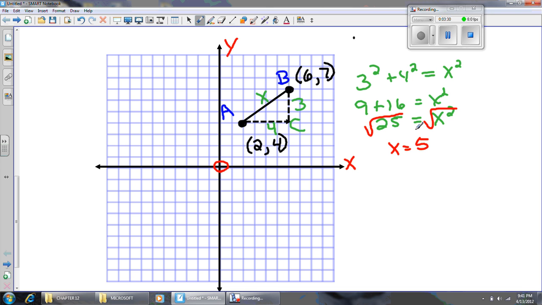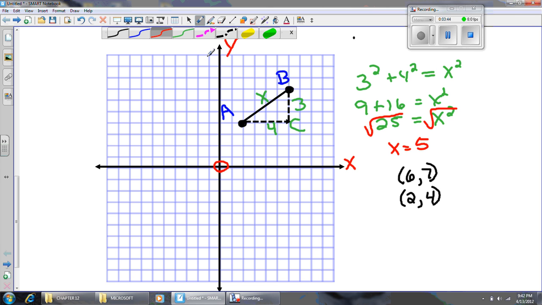But I want to point something out to you. Take a look at the coordinates of point B and the coordinates of point A. Look what happens if I subtract the y values. If I subtract the y values, I get 3, which was the distance in the vertical direction or the y direction of my right triangle.